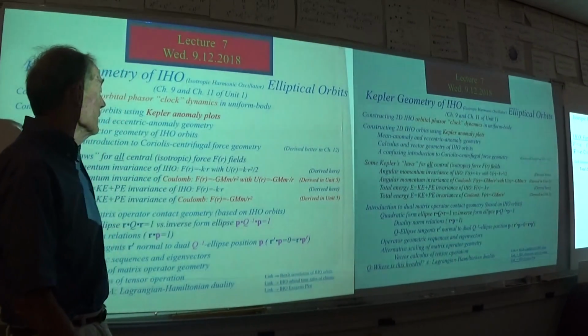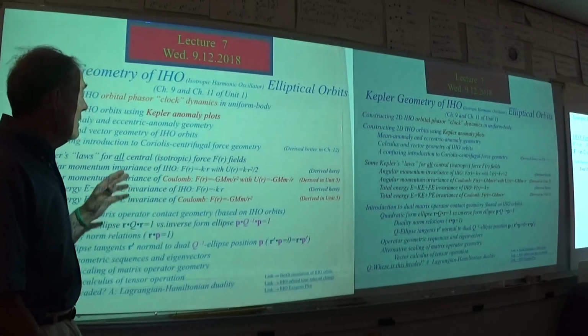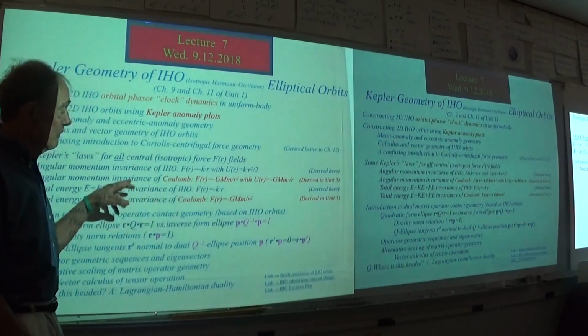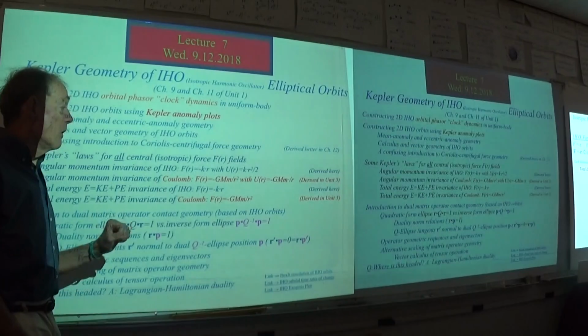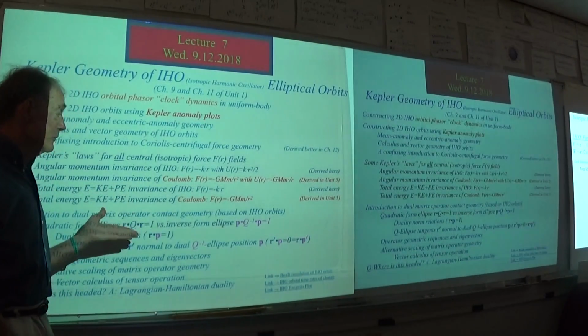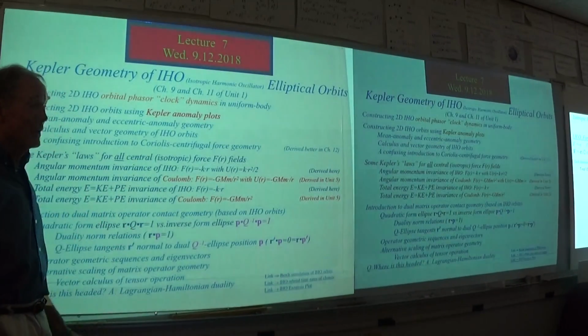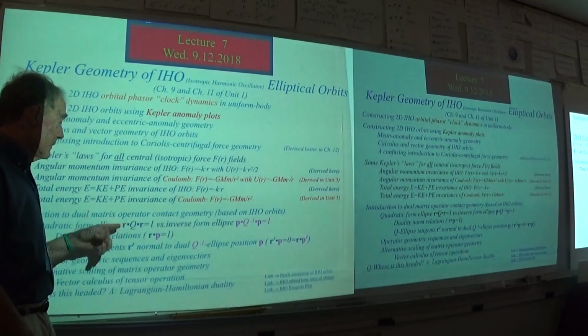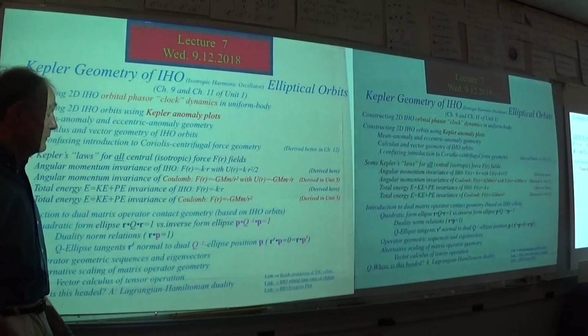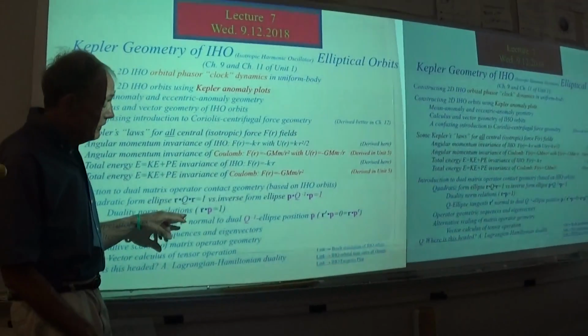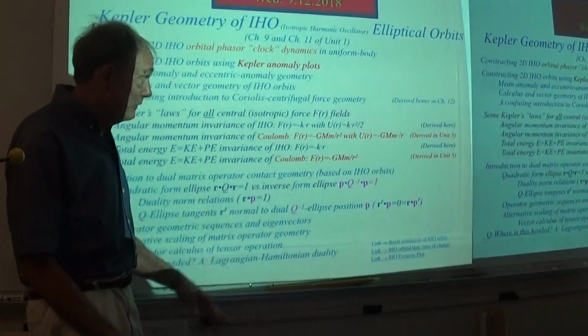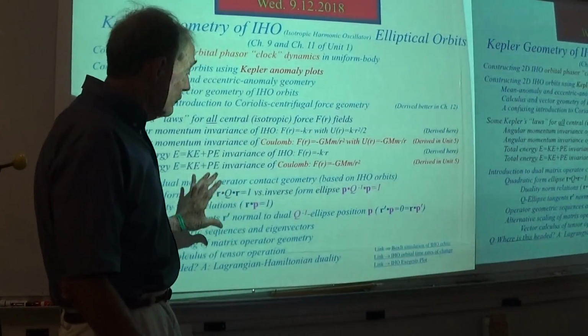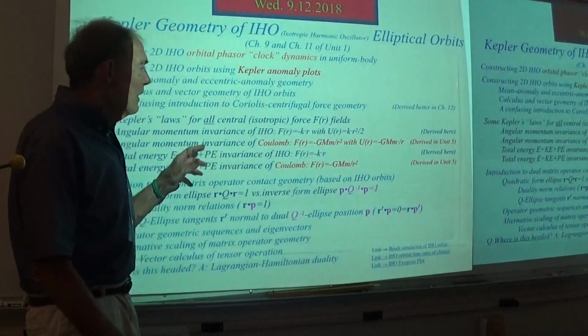the isotropic harmonic oscillator. Now the ellipse geometry that does all of that also lets us introduce the geometry of quadratic forms. And we've already dealt with the quadratic form in the very first lecture, but this one is more general and connects very nicely with this.